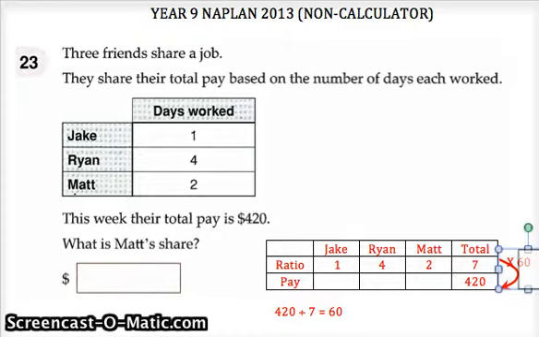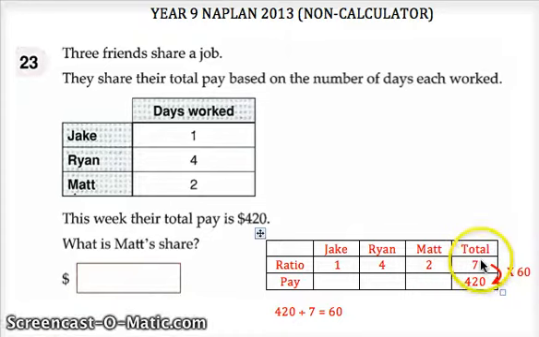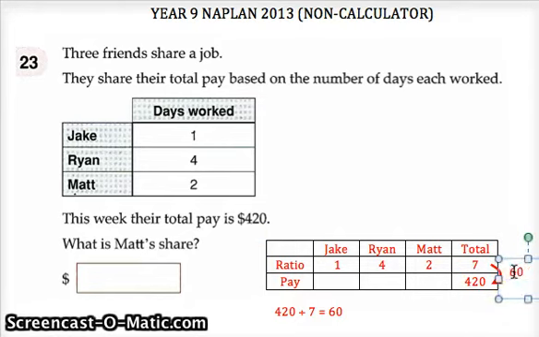Okay, I'll just fix that up. So like I said again, to go from the top row of the table to the bottom row, 7 times 60 gives us 420. So we do the same for all of these other ratios.